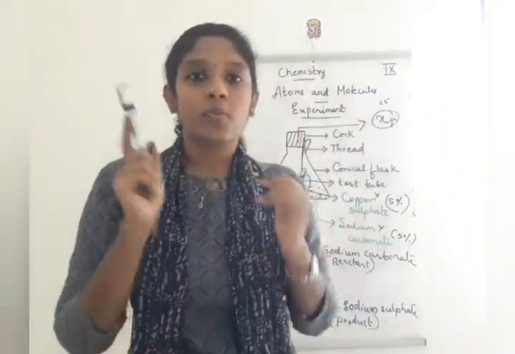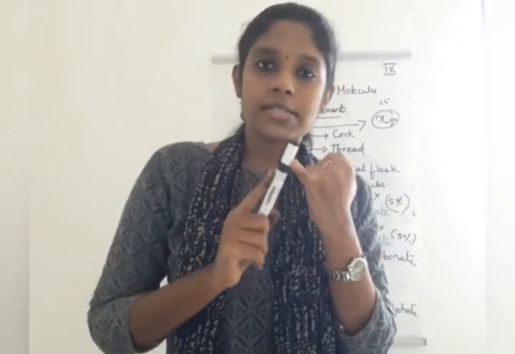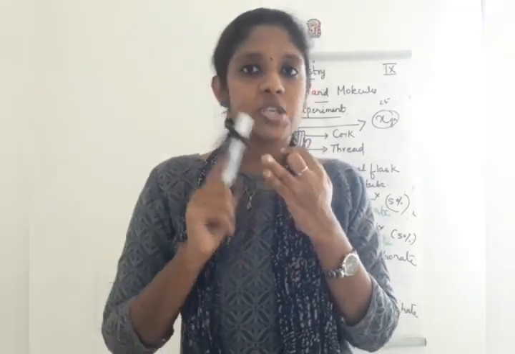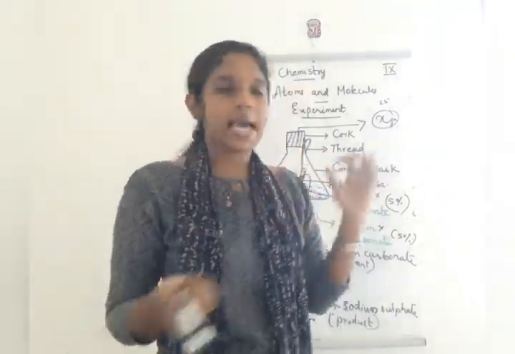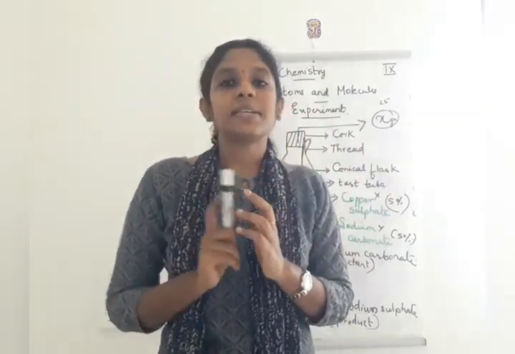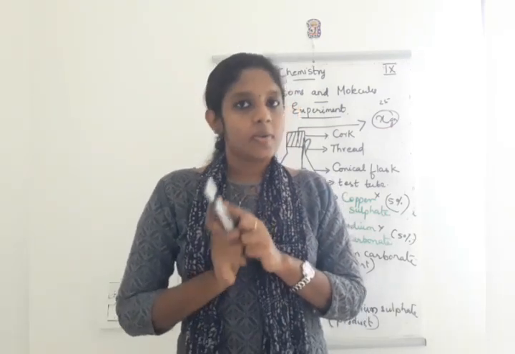We have learned the first law of chemical combination. Two laws are there: the law of conservation of mass and the law of constant proportion, or law of definite proportion. The second one you will learn in the next class. The first one is the law of conservation of mass by Anton Lavoisier, that is, mass can neither be created nor be destroyed in a chemical reaction.